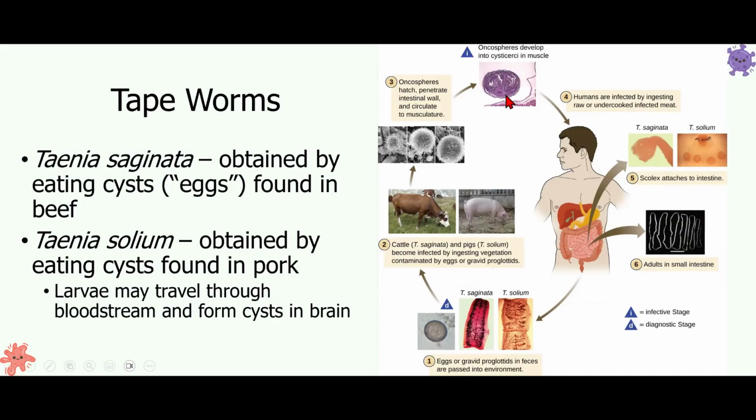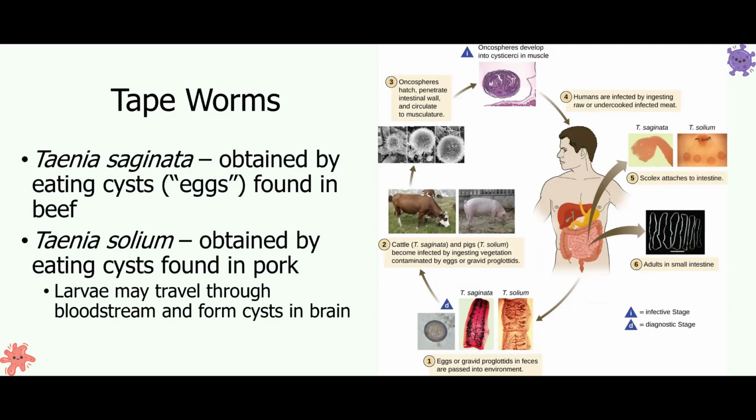It's basically like a baby version of the worm, but is hidden inside of the muscles of the pig or cow. Now, we, of course, consume beef or pork, which is the muscles. And so you could accidentally consume the cysts, and then it would infect you. It's going to hatch into your digestive system and then produce the adult worms, which are gigantic, by the way. And that is obviously not good.